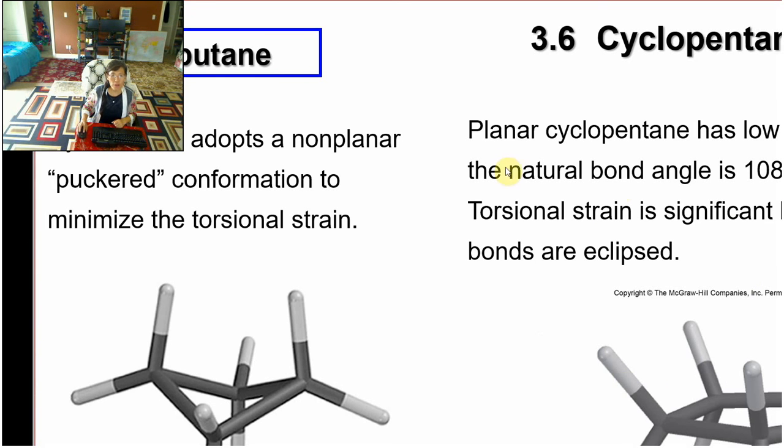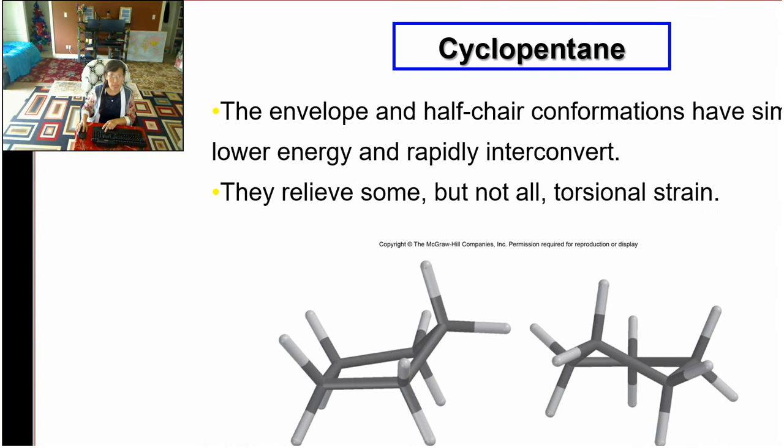Therefore, you can form a planar cyclopentane. This is reasonably stable. And you also form 2 other different conformations. One is called the envelope conformation. Your carbons 1, 2, 3, 4 are in the same plane, and your carbon 5 is slightly lifted up to form an envelope structure, so your bond angle more closely approaches 109.